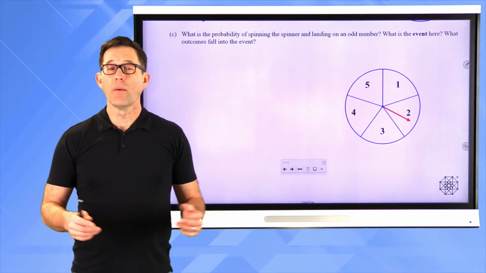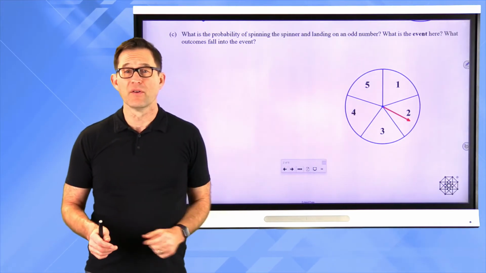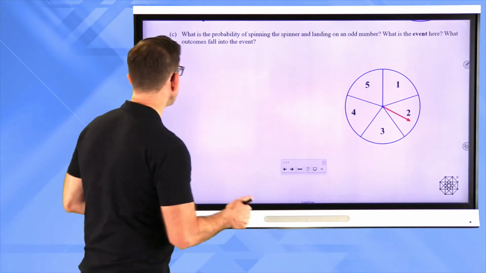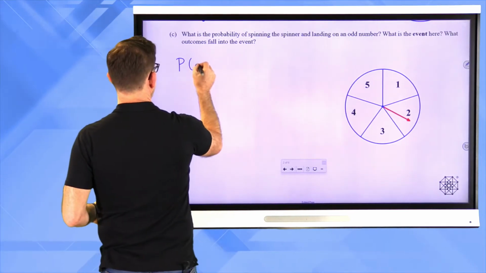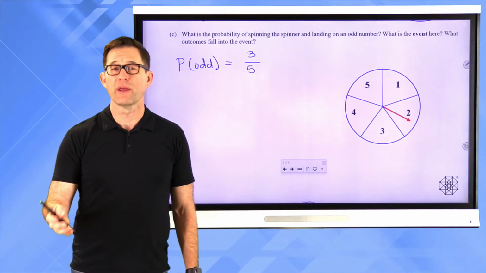All right, so almost everybody on this question is going to say, well, there are 5 possibilities, there are 3 odd numbers, so the probability of landing on an odd, and we kind of use function notation when we do probability, probability of odd will be 3/5, and a lot of math teachers, a lot of students will say 3 out of 5.